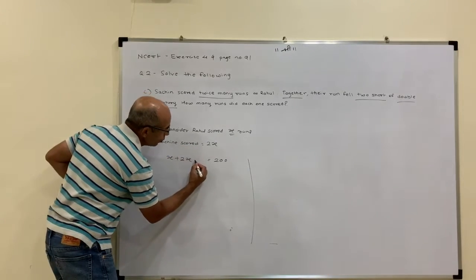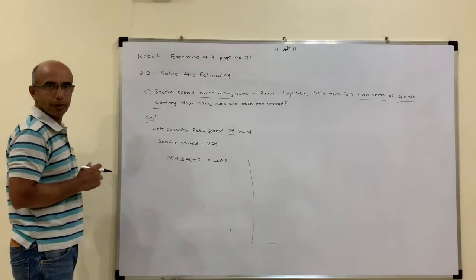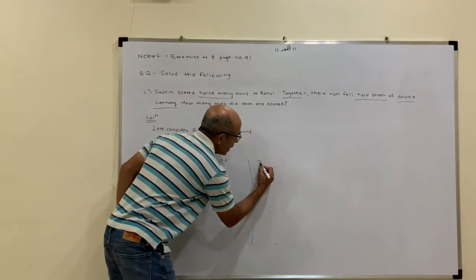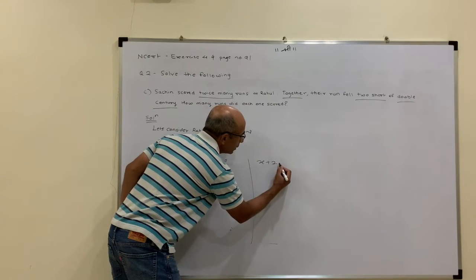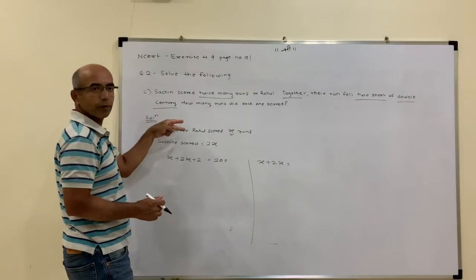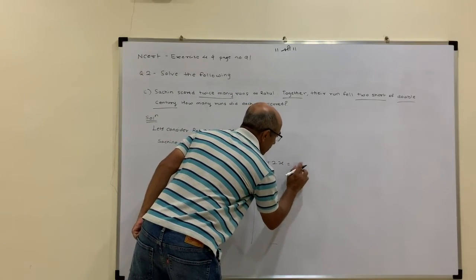So what I am going to do? To equalize, I will be adding 2. Or in other terms, I might write it as x plus 2x equals to 2 runs short of double century. 2 runs short of double century, that is 198.